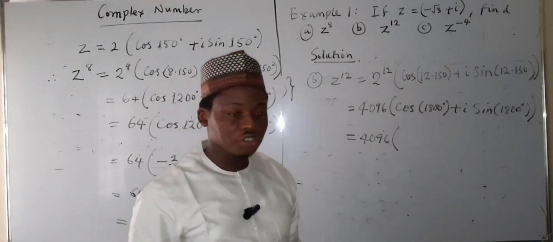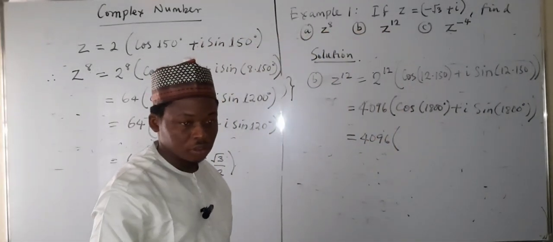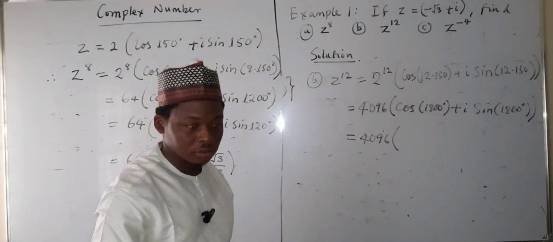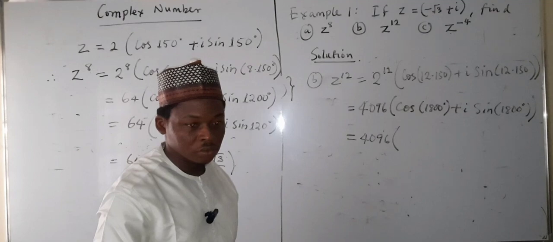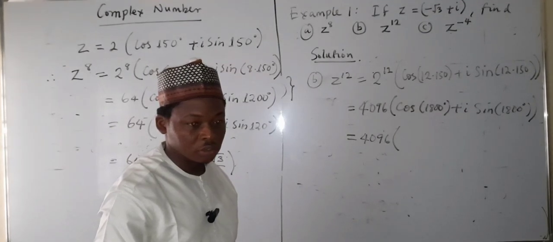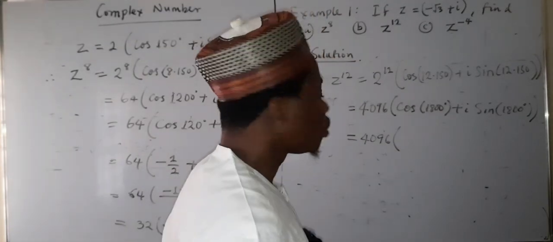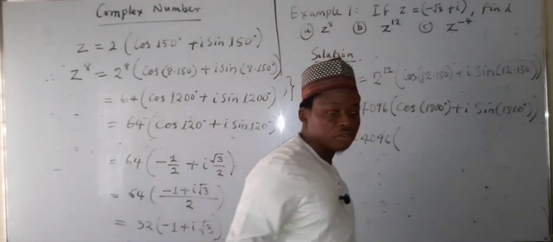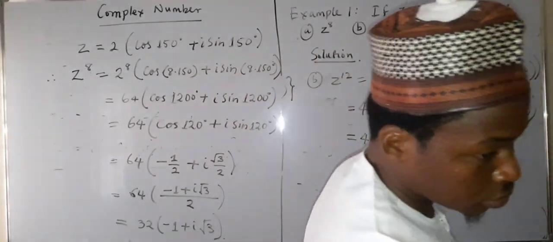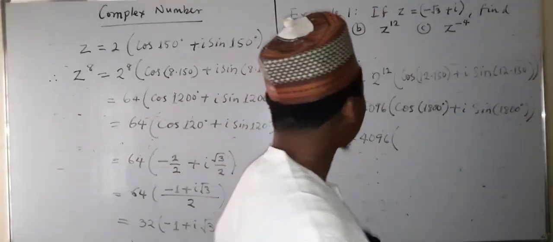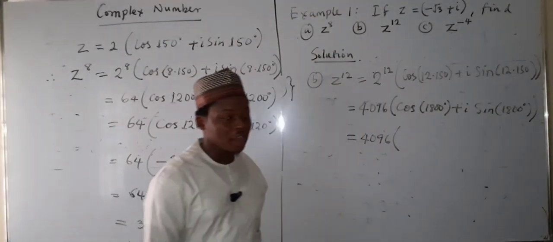How many of 360 can we find in 1,800? 360 times 4 is 1,440. Into 4. Yes. Into 5? It will be more than 1,800, right? 1,800 is exact. That is 5 times.